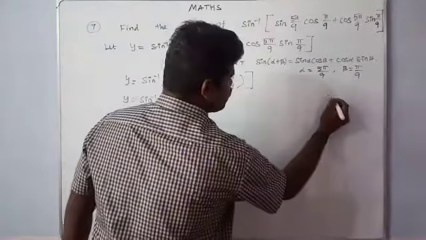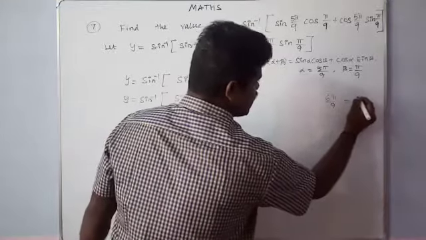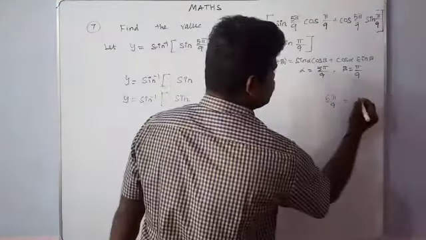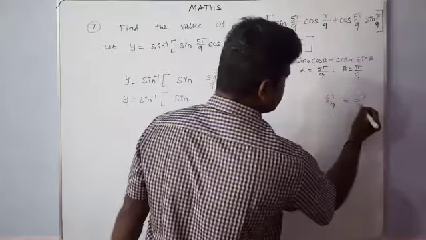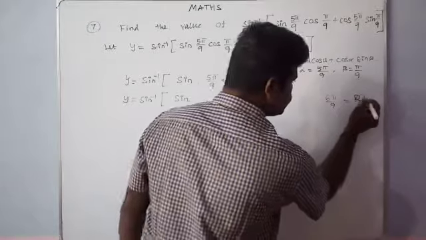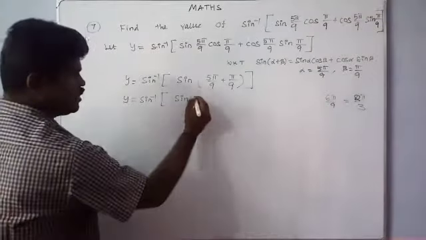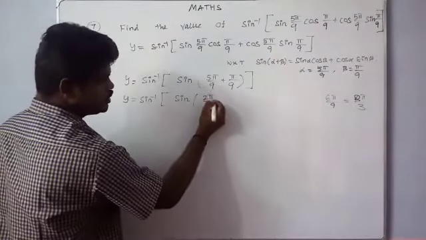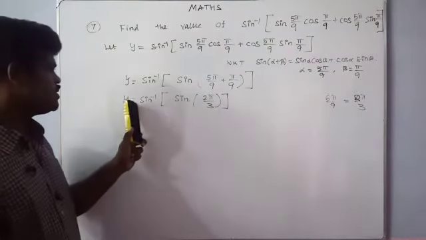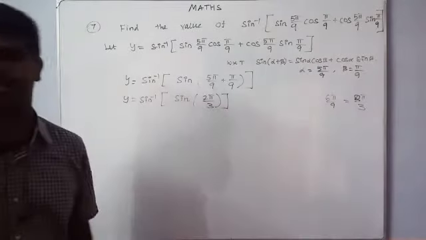The 6 pi by 9 must be cancelled as 3 pi by 2. Sorry, 2 pi by 3. 6 pi by 9 is equal to 2 pi by 3. Here we can write 2 pi by 3. Okay. So y is equal to sin inverse of sin of 2 pi by 3.